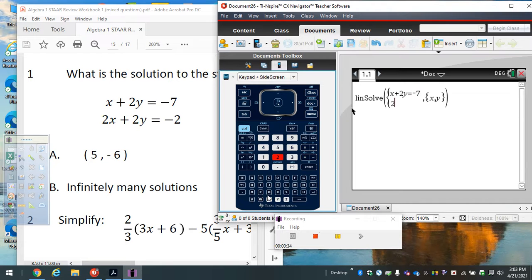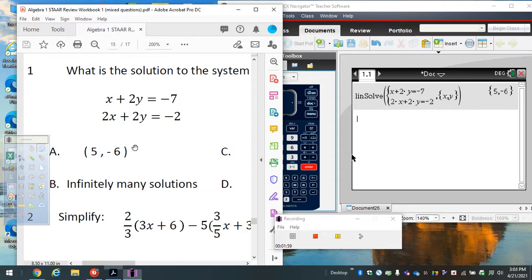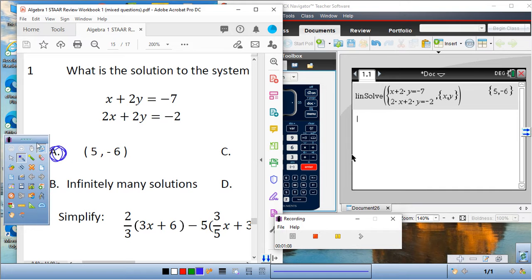Here we go to x plus 2y equals -2,596, and there she is. Pretty easy, not too bad. Okay, we're going to go with 5, -6.